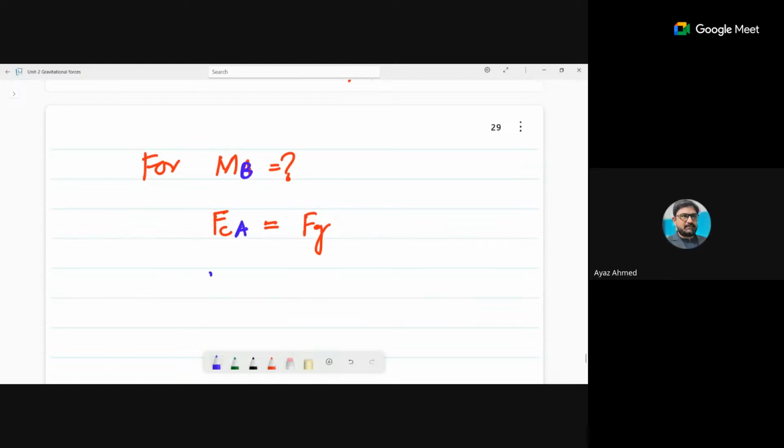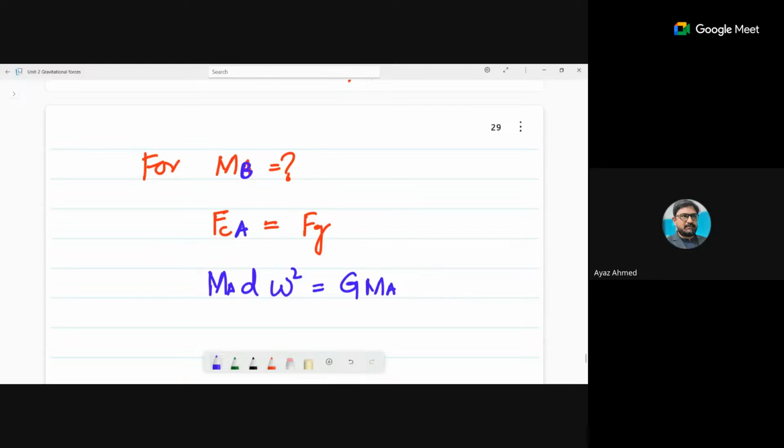So what will you have? It will be mass of A... instead of r minus d, you write d. Instead of R minus D, why would I write R minus D? So instead of writing R minus D, you write D.